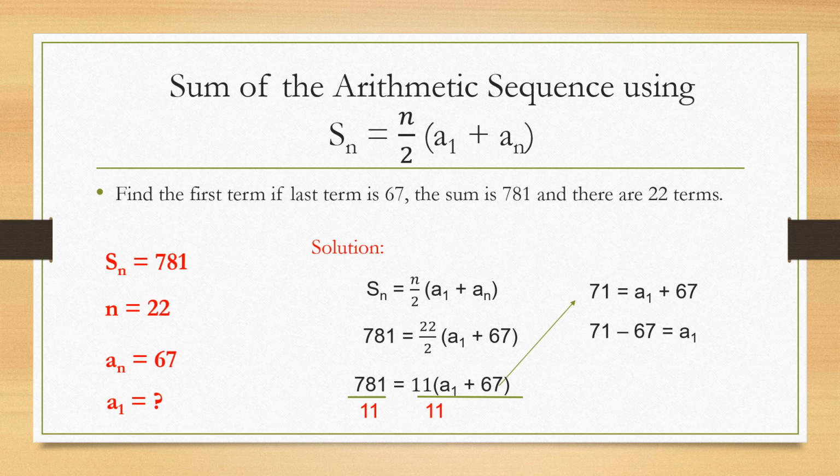And 71 minus 67 is equal to 4. So the first term of the given arithmetic sequence, where the sum is 781, the last term is 67, and there are 22 terms, is 4.